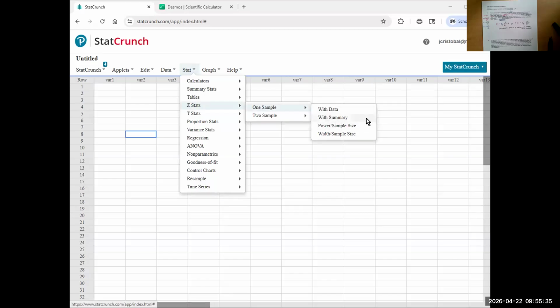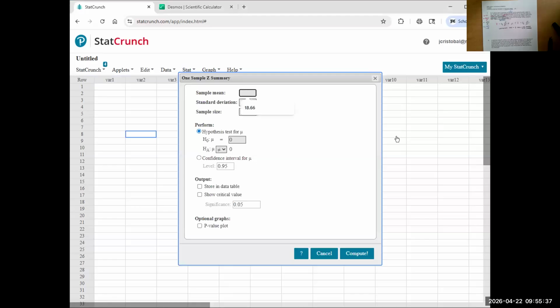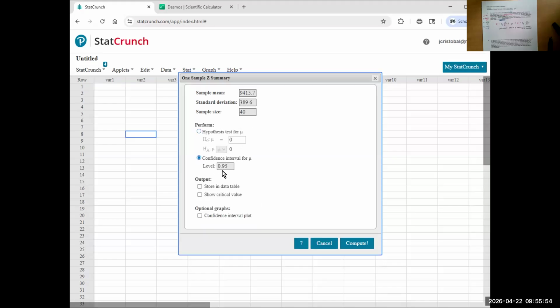Sample mean, that value, 9,415.7. Standard deviation, 389.6 gallons of water. Our sample size, there were 40 households. We're doing a confidence interval. A lot of times it's 95%, or we could do 99%, 90%, 98%, all those different possibilities.